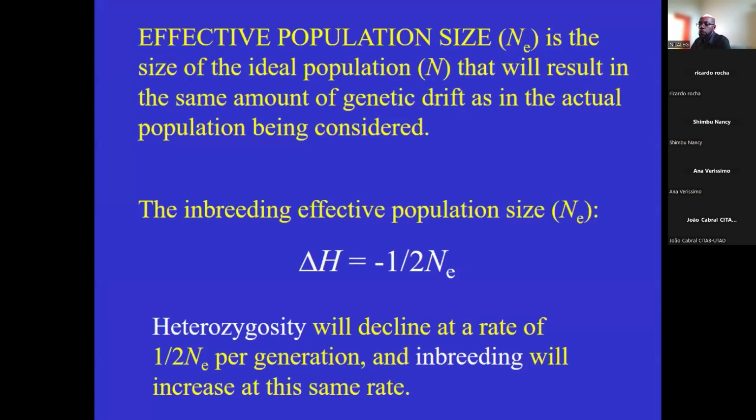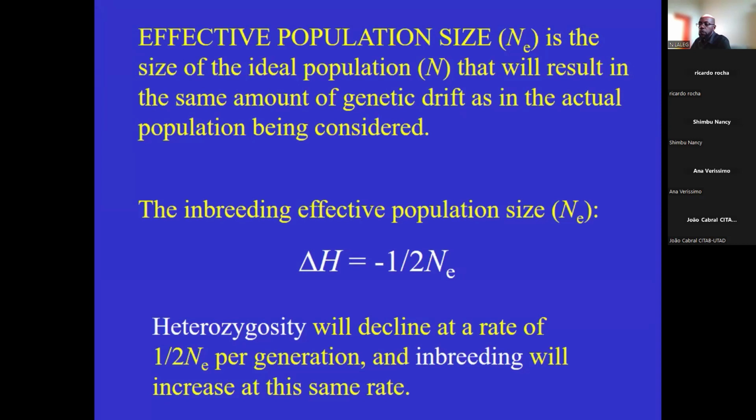So this talk is focused around effective population size, and it's probably familiar to everybody, but there are many different definitions of effective population size. I'm talking about the inbreeding effective population size, which is based on heterozygosity declining at a rate of 1/2n per generation, and inbreeding increasing at the same rate.